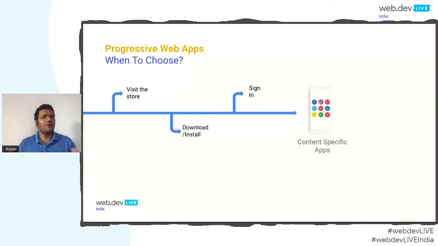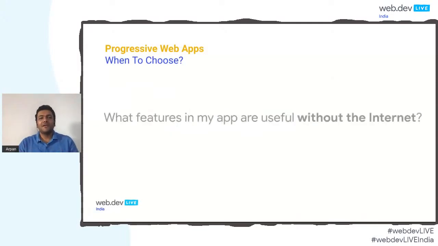Okay, I hope we are clear till here, because this is a very important thing. And before moving on to some tools and some associated patterns, I would also like to give you a question, which is, what features in my app are useful without the internet? For example, if you are making an application which is used to just pay the bills, and you cannot do a lot of things without the internet on it, and the most it does is storing some bills on the device itself, and it's not a game, obviously.